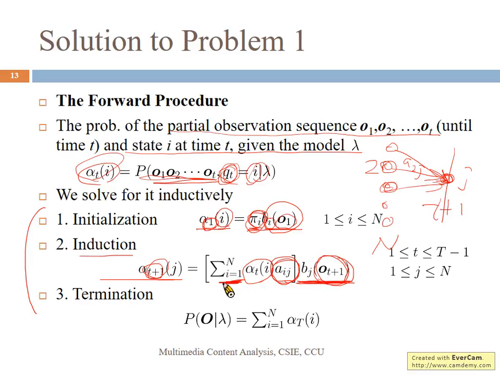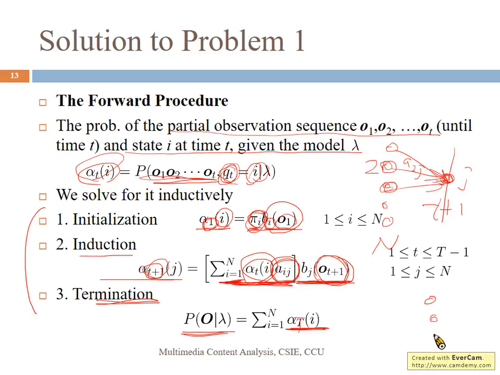So here is the induction process. We can calculate alpha t plus 1 based on summing all possible alpha t i. And the termination condition is that we can calculate the probability of O given lambda by summing all alpha capital T i.